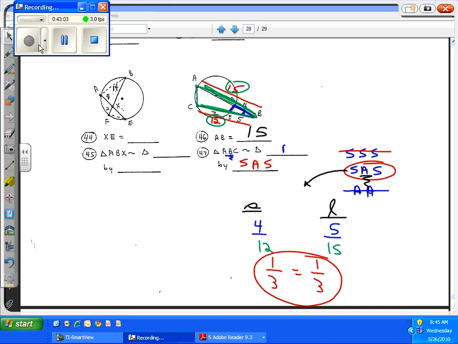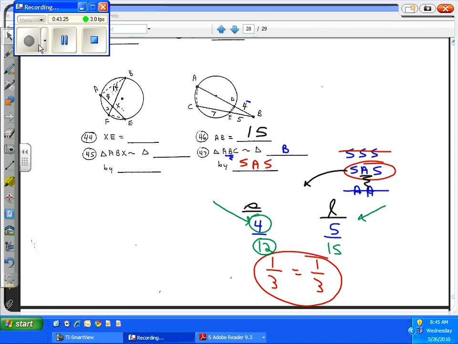We want to name the similarity. The most obvious is that B is equal to itself, B. That's that common angle B. Well, then how do we get the other? We've got to think about what was opposite the smalls and what was opposite the larges. The smalls were 4 and 12.